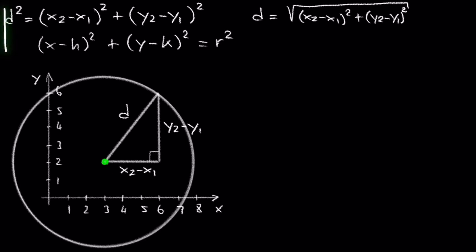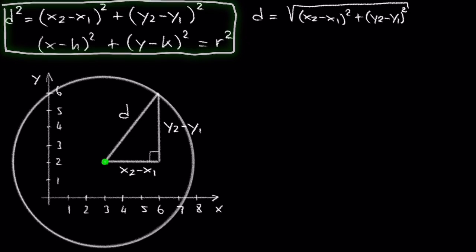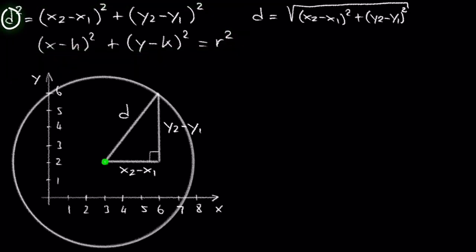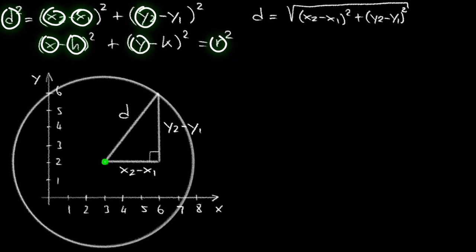We see that these formulas are exactly the same, where the distance d from our distance formula is now the radius r of our circle. x2 is x, x1 is h, y2 is y, and y1 is k.